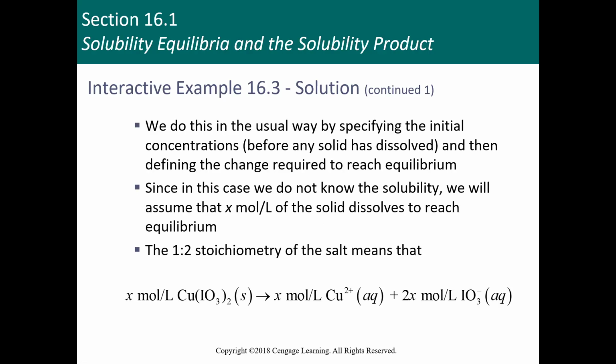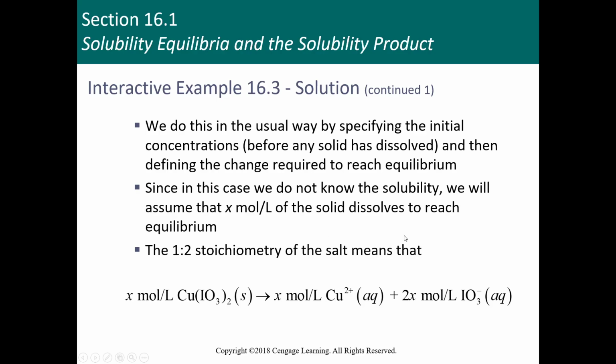And the 1 to 2 stoichiometry of the salt would mean this. So for every one of X of this salt complex here, we would form a single X of the copper. And we would form 2X of the iodate. Again, that's just your stoichiometry, right? For every one of these, you would form one of these.